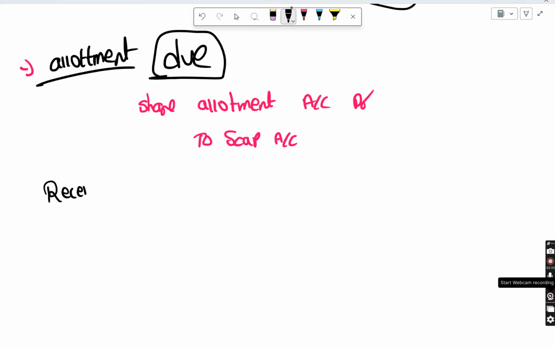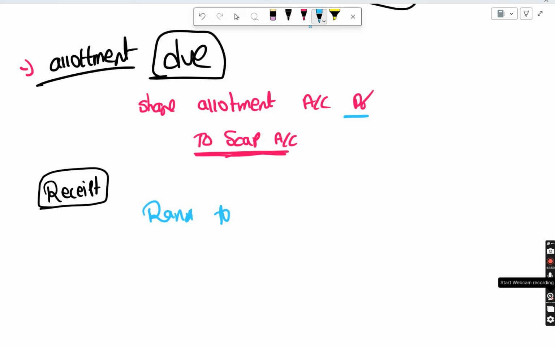Because, as you said, share allotment is a dummy account, and we need to receive the money, so it is like a debtor. So bank account debit to share allotment. Next entry: bank account debit to share allotment account.